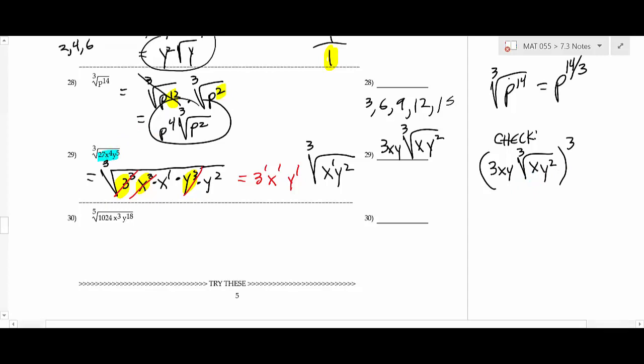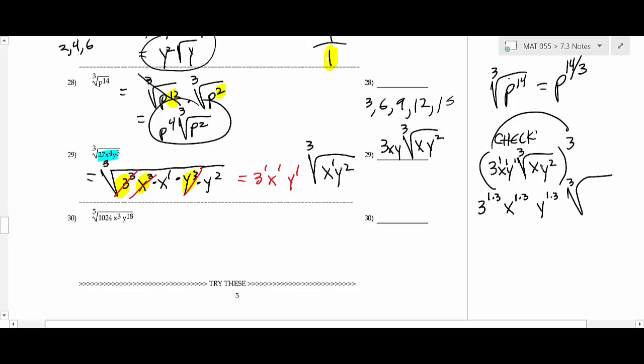Watch carefully how I do this. This is a first power, a first power, and a first power. You multiply these exponents. So that's 3 to the 1 times 3, x to the 1 times 3, just like we did earlier today, y to the 1 times 3. You can do that in your head.